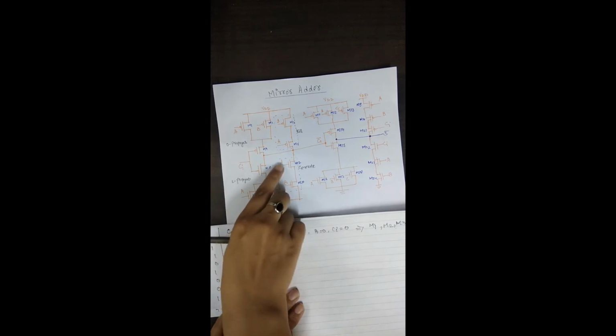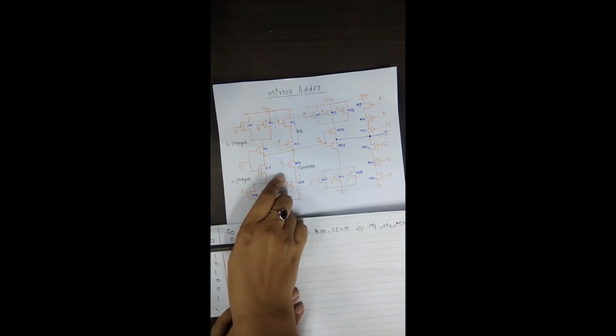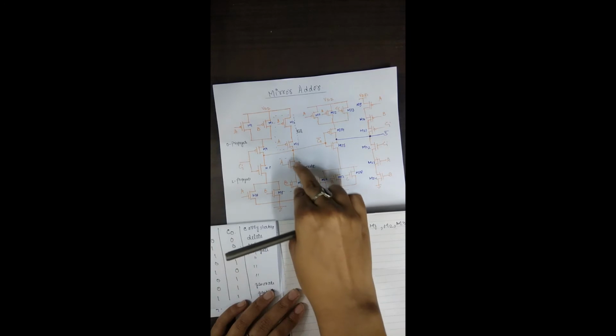So these PMOS will be on, and for the NMOS, the gate terminal will be grounded, so they will be off. The NMOS will not conduct, only the PMOS will be conducting.